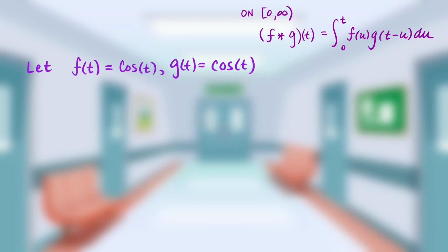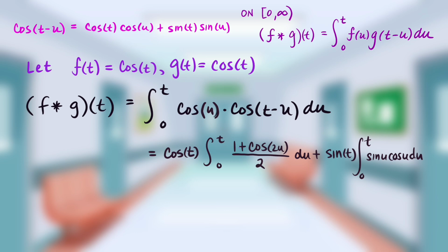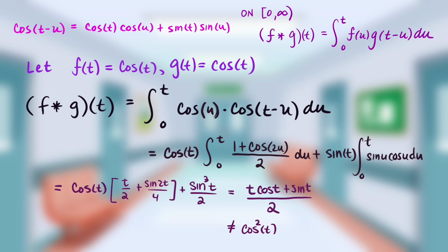So the next one we're going to look at is if we have a function f of t equal cosine t and g of t equal to the same thing. So convoluting a function with itself. And here, using the example of cosine and plugging in a little identity for cosine of t minus u into this integral, we can write it in a nicer form and then evaluate both pieces.